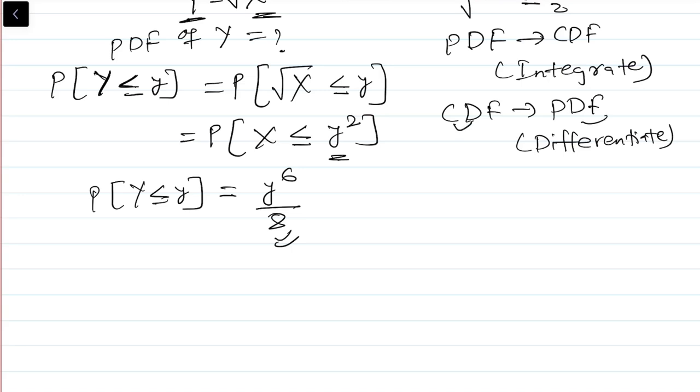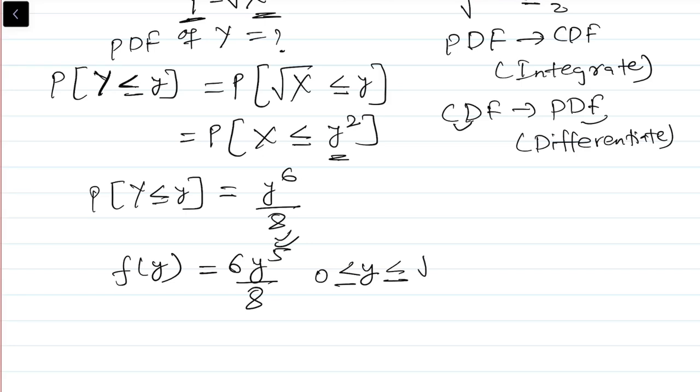So we need to differentiate this. So the PDF of y becomes 6 times y to the power 5 divided by 8. And please do not forget to write the range. So the range is greater than or equal to 0, less than or equal to root 2. All right, so this is how you can transform the function through CDF as well as through PDF.